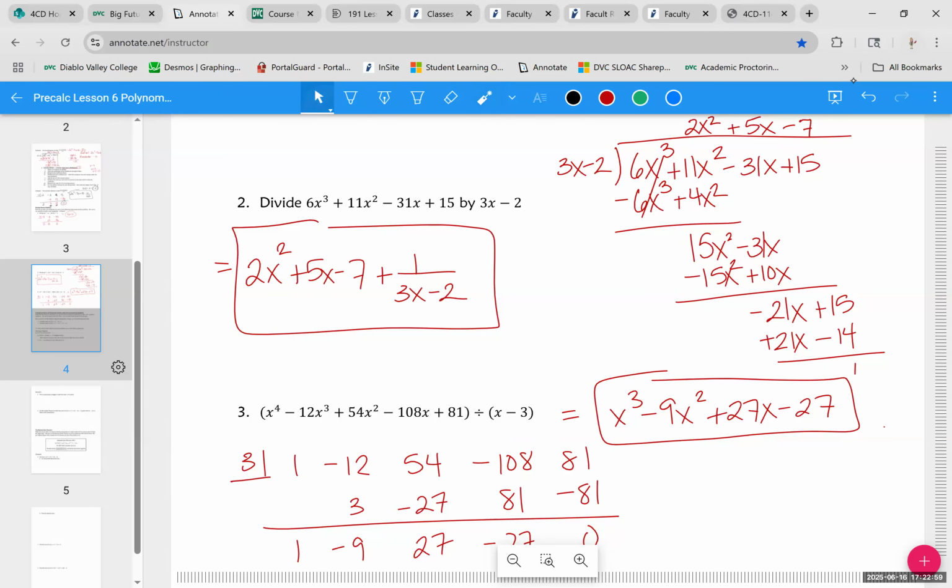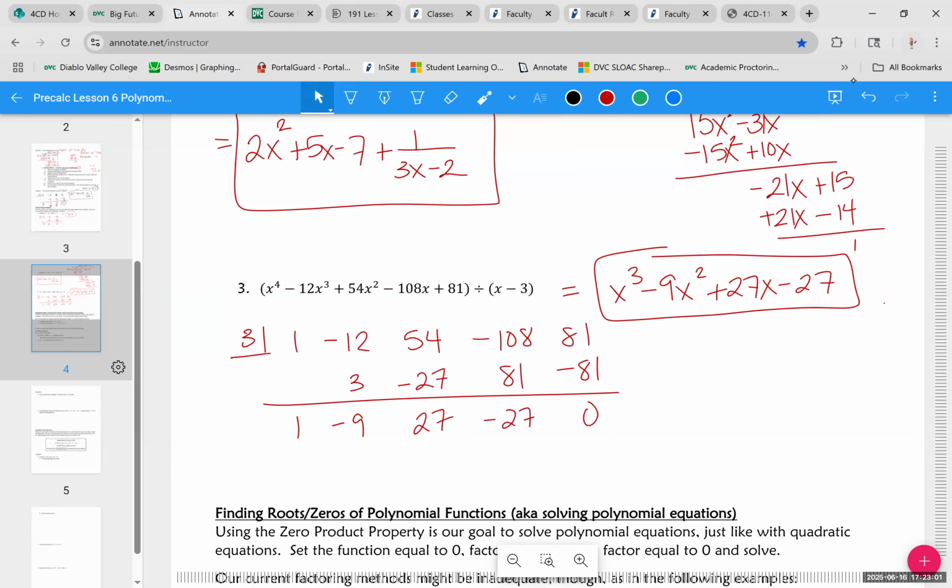Looking at number 3, I'm just going to skip to 3 since it's a similar problem. It's also a synthetic division problem. I'm dividing by x minus 3, so this time my r is positive 3. And I line up my coefficients. Again, no placeholder needed. Bring down the first one, multiply, and add. I also have a 0 remainder here, so this also goes in evenly.